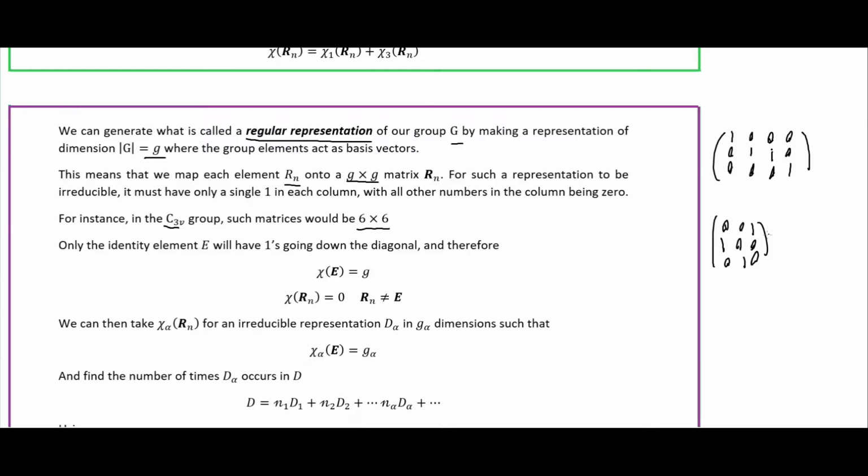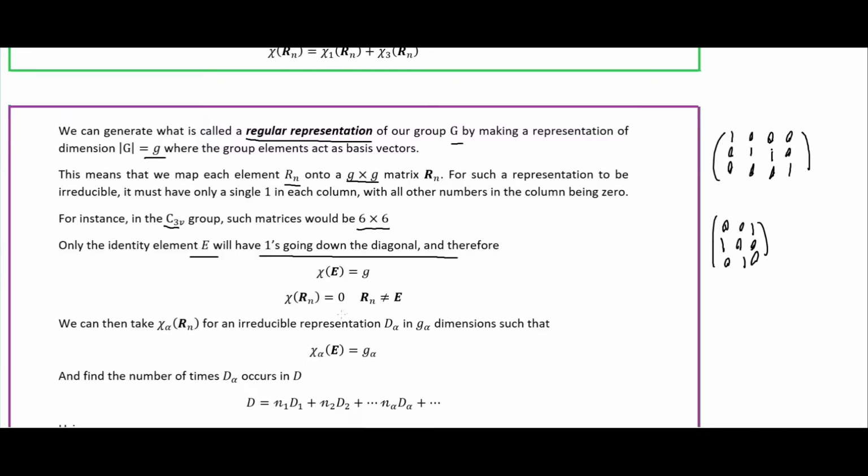And so we are looking at a G by G matrix that does that same thing. And so they are permutation matrices. So only the identity element E will have 1s going down the diagonal, because that has just a single 1 in each column, and it's the identity, so it has to go down the diagonal.